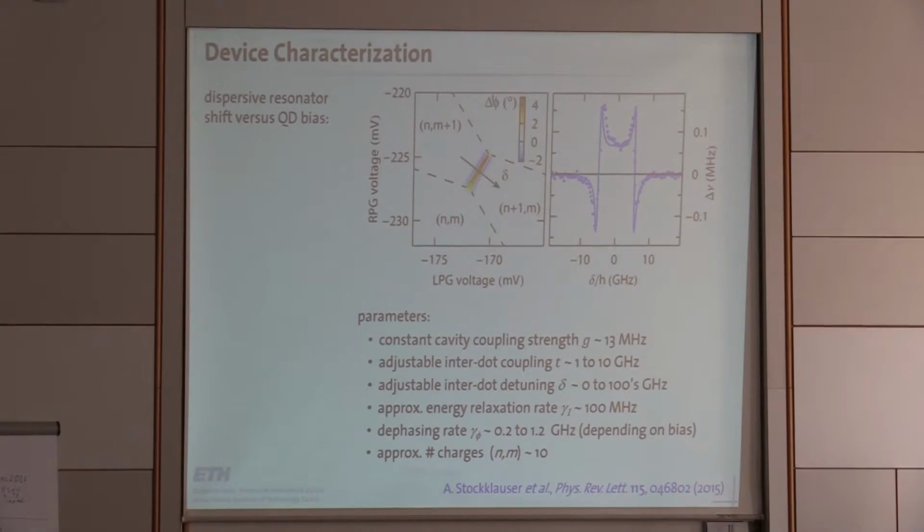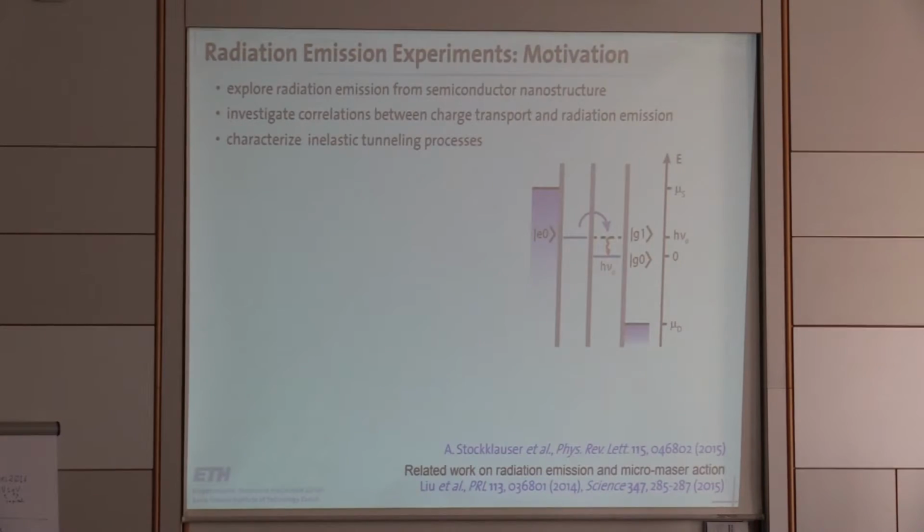We could extract the device parameters from these experiments, and they were very similar to the early experiments, now with this improved charge coherence. The thing that we were really interested in is the following situation. Here's again an energy level diagram for this double dot: the source, the drain, intermediate states.